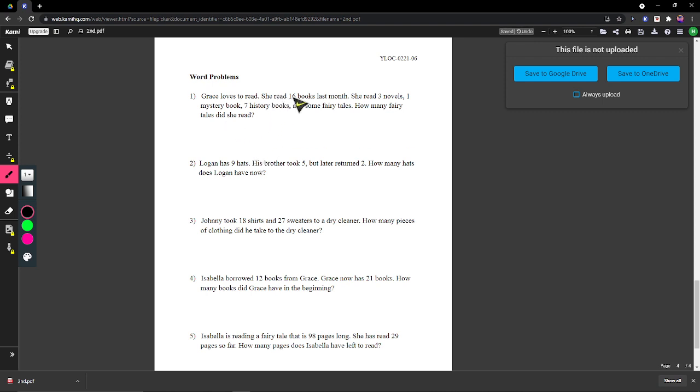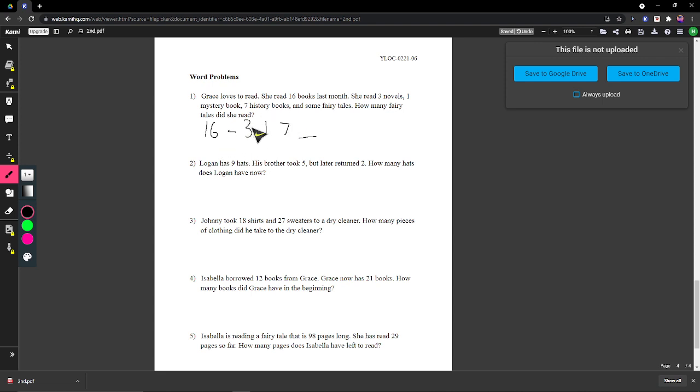So we already know she read 16 books. She already read 3, 1 mystery, 7 history, and some fairy tales. So we don't know what this is. It's a blank. Now, what you can do is just subtract 16 minus 3 minus 1 minus 7.